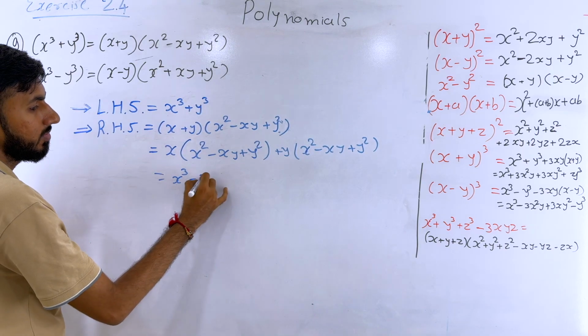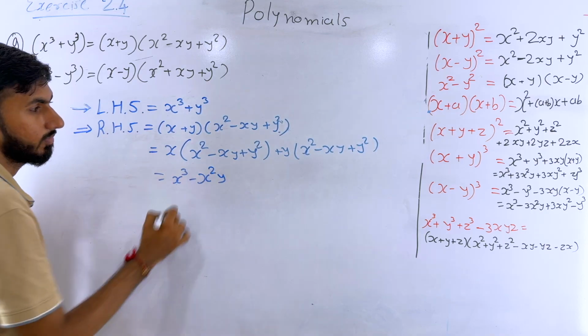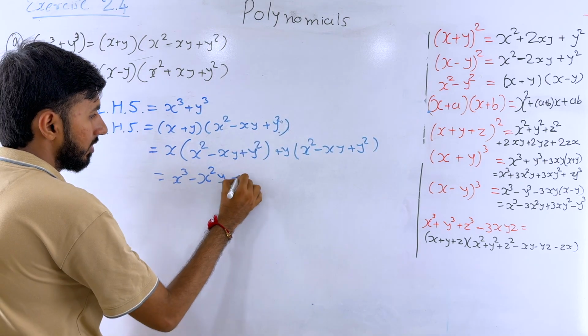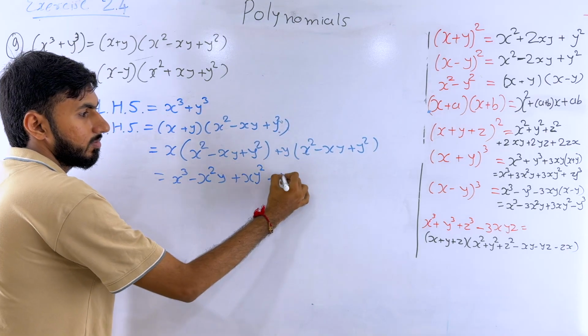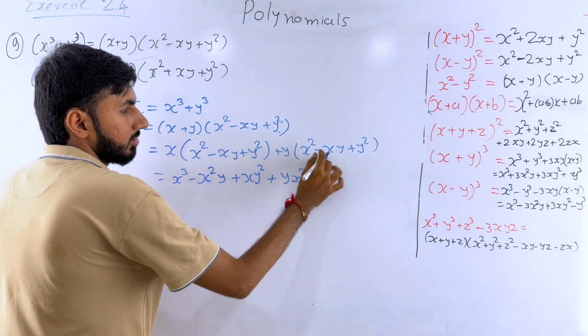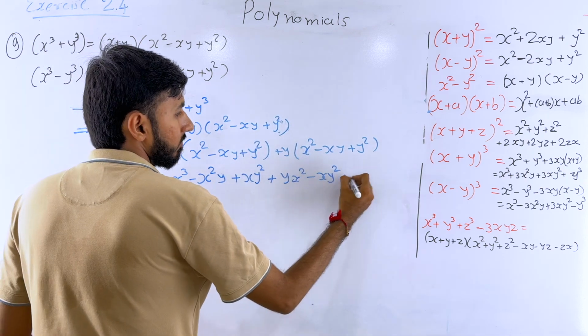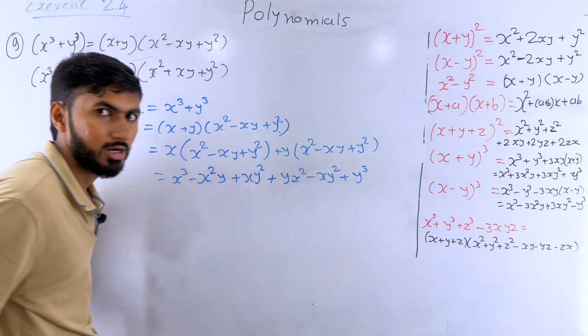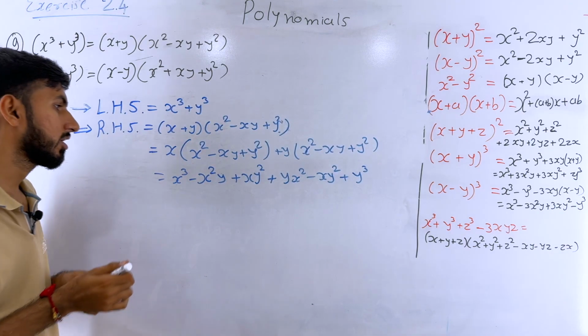X multiply this will be x square y. X multiply this will be plus x y square. Plus y multiply this will be y x square. This multiply this will be minus x y square, and the last term will be plus y cube. Right? Now simplify it and cut the terms that can be cut.